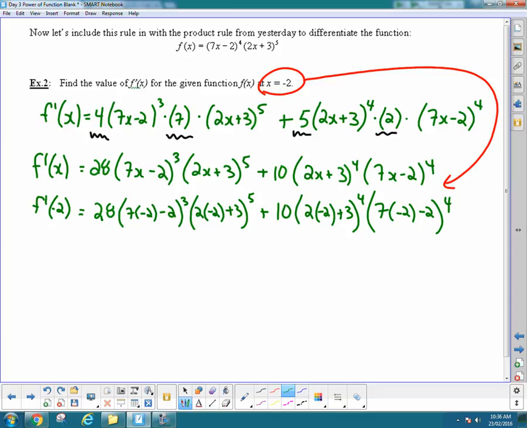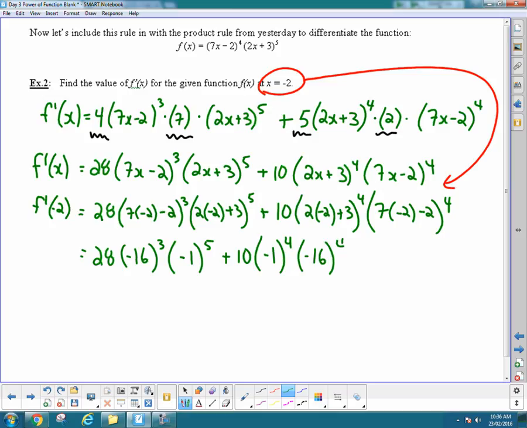And I know the rest of it you have in front of you, but I'll quickly finish off. So it's 28. This is 7 times negative 2, which is negative 14, minus 2 is negative 16, raised to the power of 3. Negative 2 times 2 is negative 4, plus 3 is negative 1 to the power of 5, plus 10. This is negative 1 to the power of 4, and that's negative 16 to the power of 4.